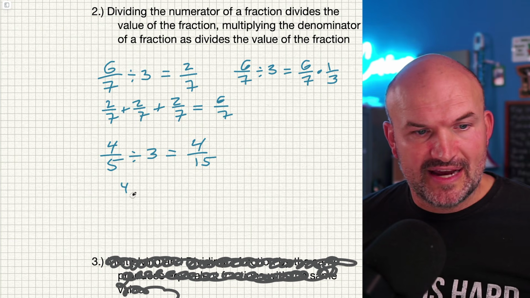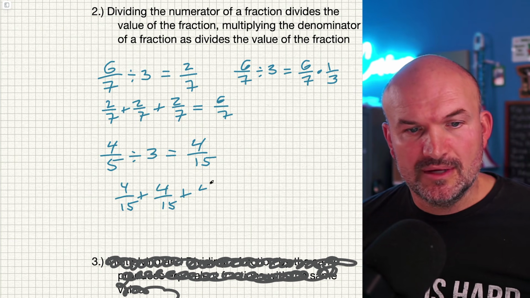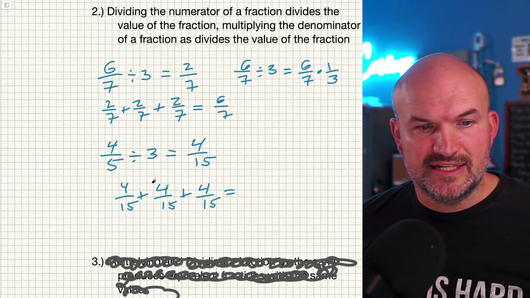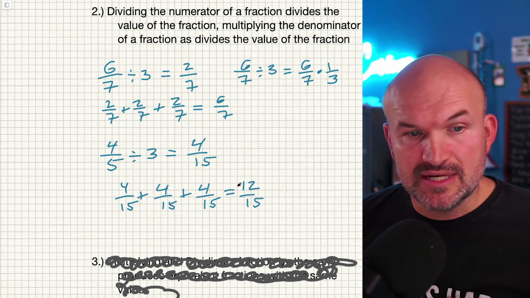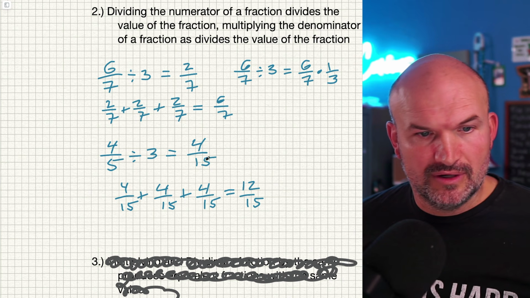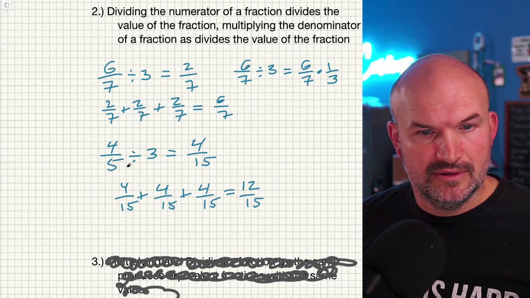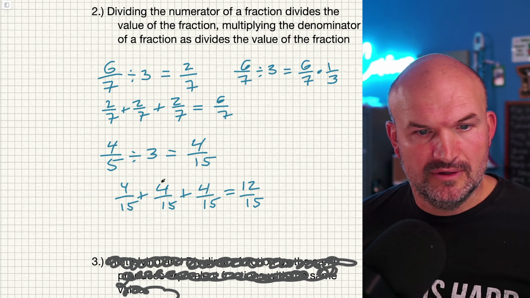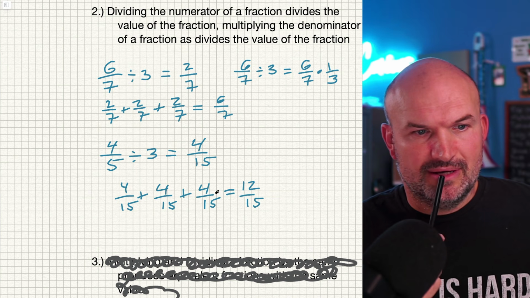Let's check. If I have 4/15 plus 4/15 plus 4/15, that's going to give me 4, 8, 12 over 15, which I can reduce by 3. What did I do?